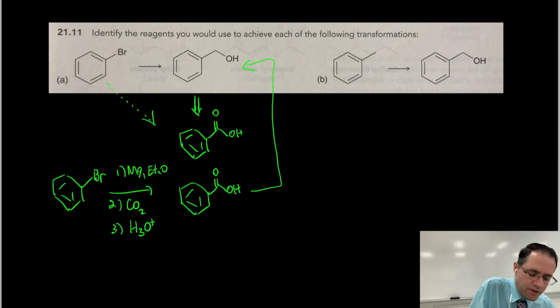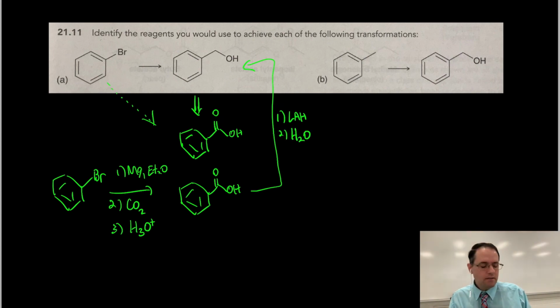And this would get the benzoic acid. And then we could reduce that benzoic acid with LAH and water. So this involves two synthetic transformations. We're going from one functional group to another, and then the carboxylic acid to the alcohol.